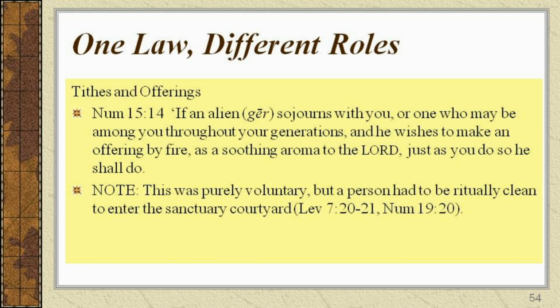There are several interesting points that we can glean from this passage. First, God didn't hinder Gentiles from worshiping Him. Although resident aliens were not required to offer sacrifices to the God of Israel, they were permitted to bring voluntary offerings just like native-born Israelites.